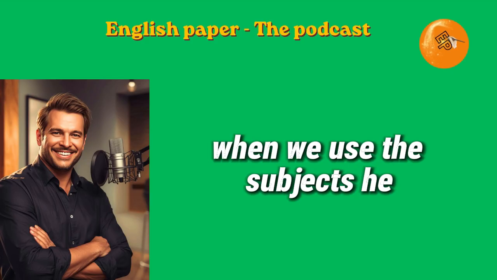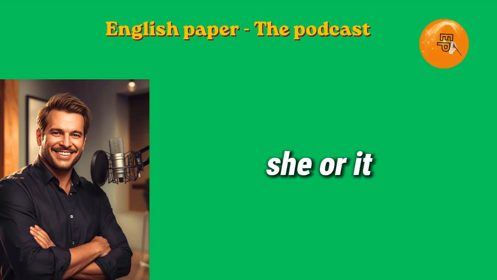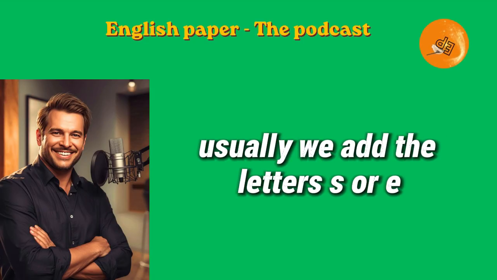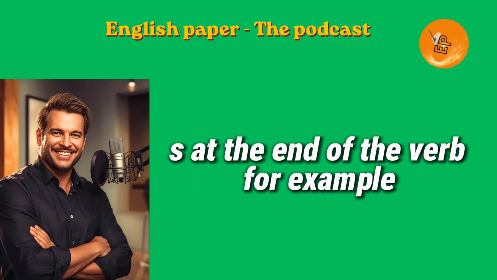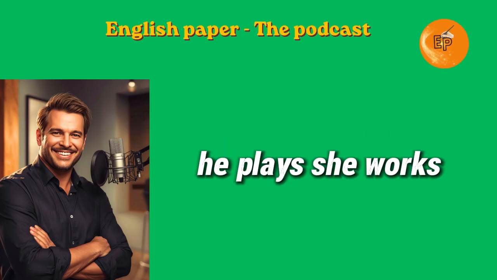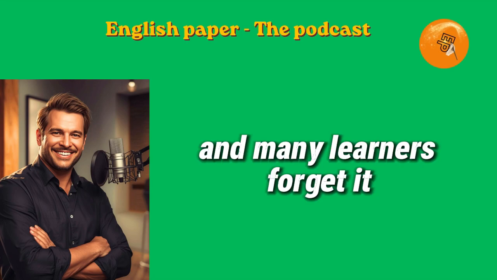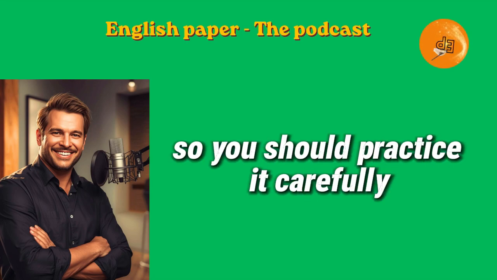However, when we use the subjects he, she, or it, we need to add a small change to the verb. Usually, we add the letters s or es at the end of the verb. For example, he plays, she works, and it rains. This is a very important rule, and many learners forget it, so you should practice it carefully.